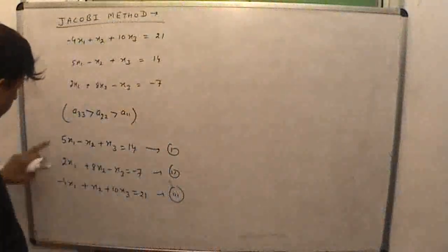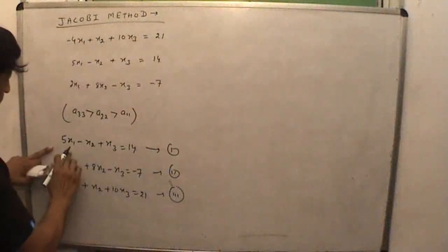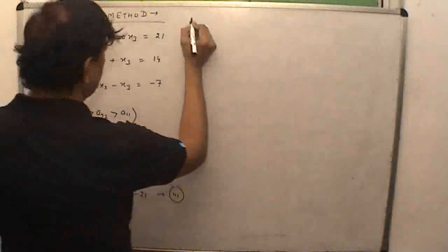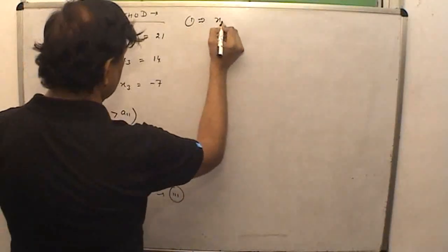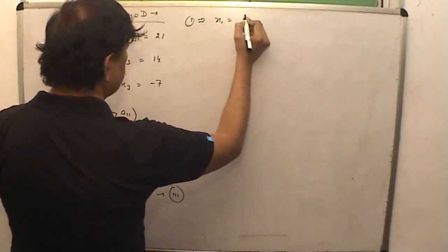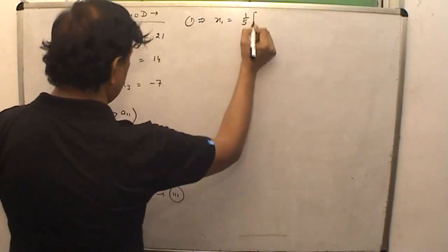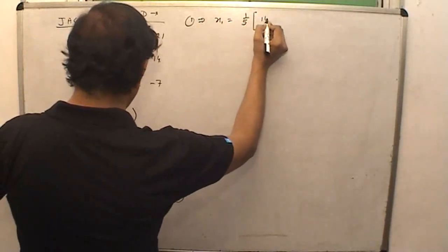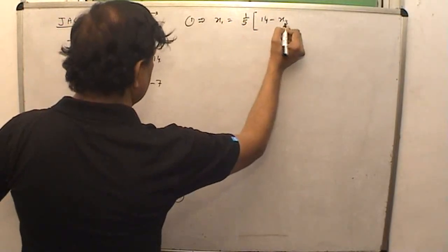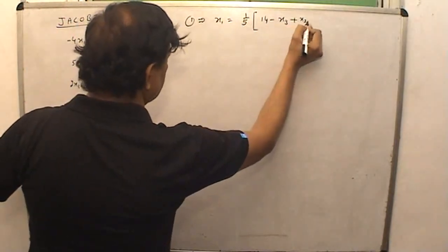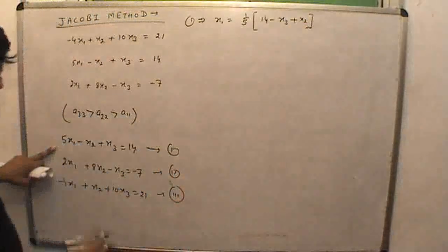From equation 1, we find the value of x1. So x1 is equal to 1 by 5 into 14 minus x3 plus x2.